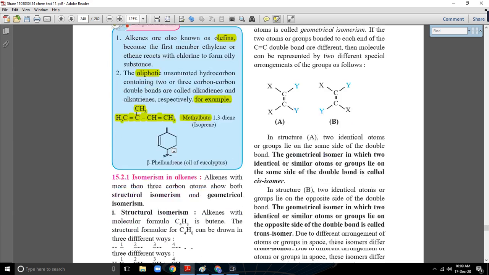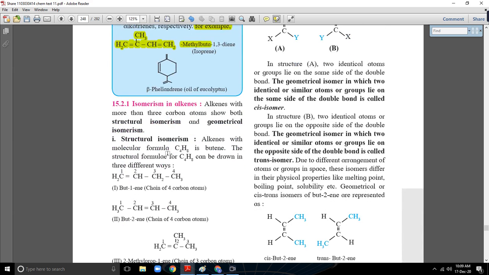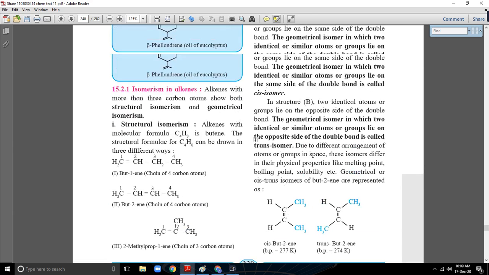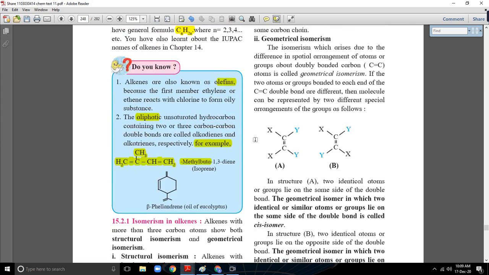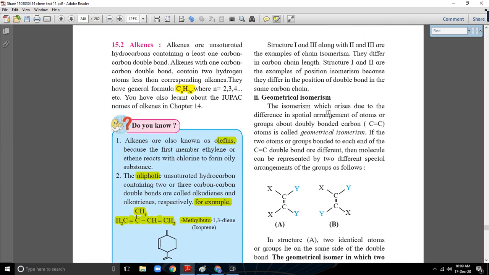Aliphatic, not aromatic. Now in isomerism of alkenes, there are various types of isomers. First is structural isomerism. Then there is also geometrical isomerism, which is further divided into cis and trans.